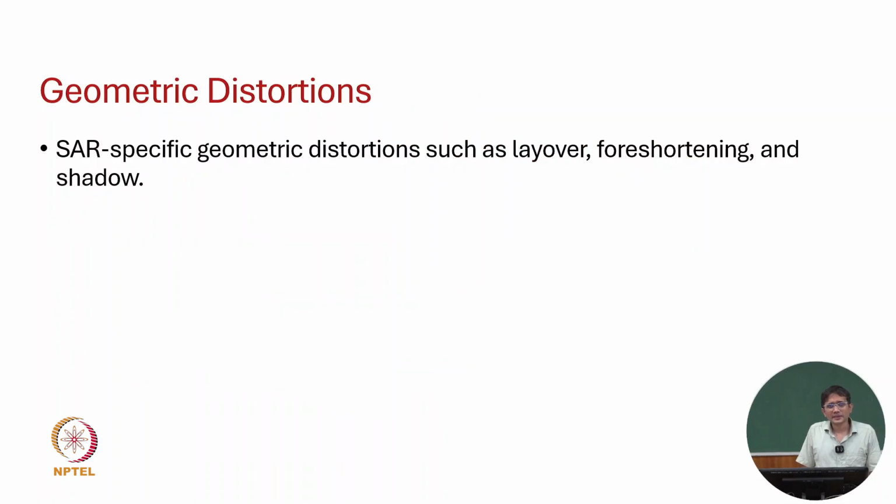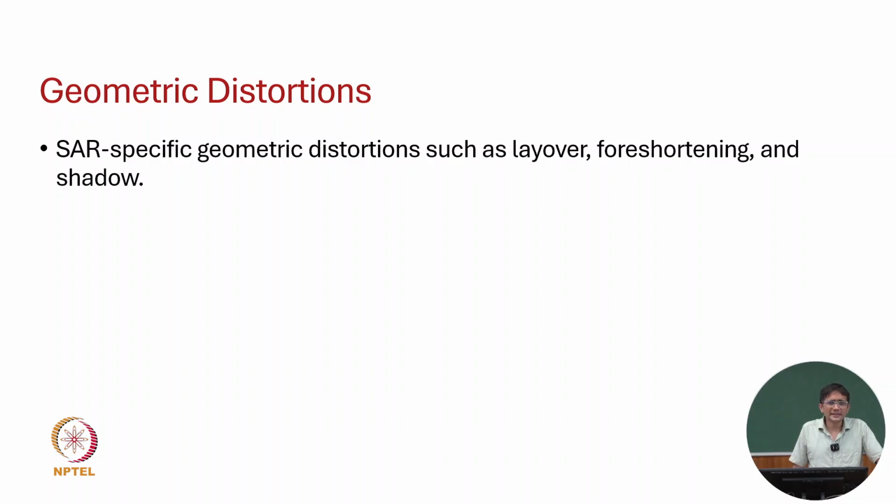Geometric distortions are very dominant in SAR images. There are SAR-specific geometric distortions such as layover, foreshortening, and shadow. We'll not go into the details of these distortions. If you are interested specifically in SAR image analysis, you can always read up on them from other sources.